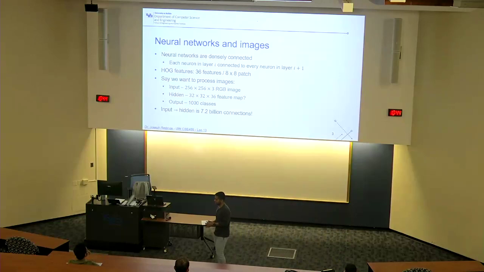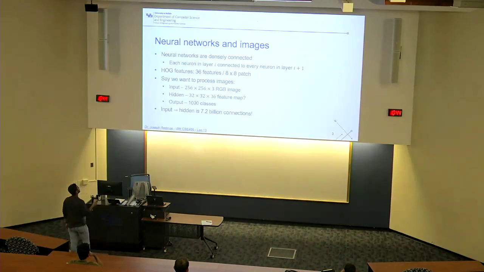we know that they're arbitrarily powerful and have really good representational ability, but they're densely connected. So every neuron in a layer is connected to every neuron in the next layer. That's a lot of connections.